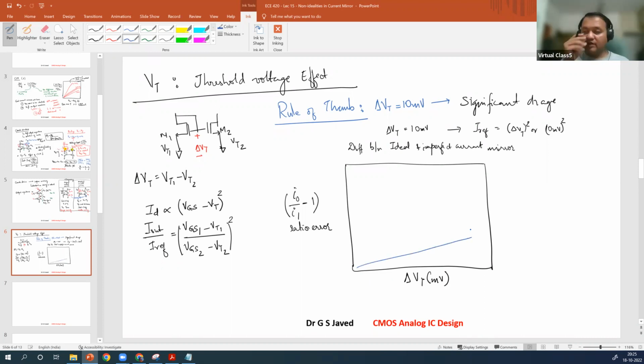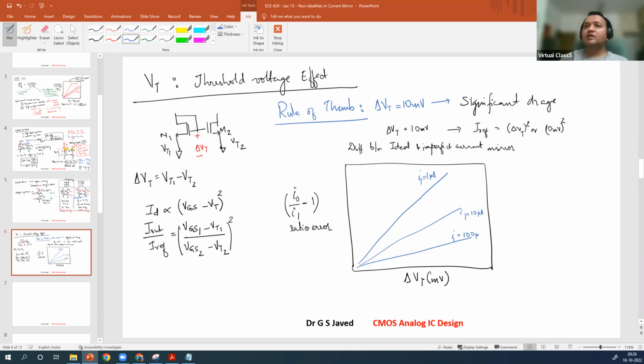For a very large value, the current will be like this. Meaning, if your I1 is 1 microampere, your range will be bigger. But if your I1 is 100 microampere, the change will be relatively lesser, right? And typically your 10 microampere, a decade, would be like this.